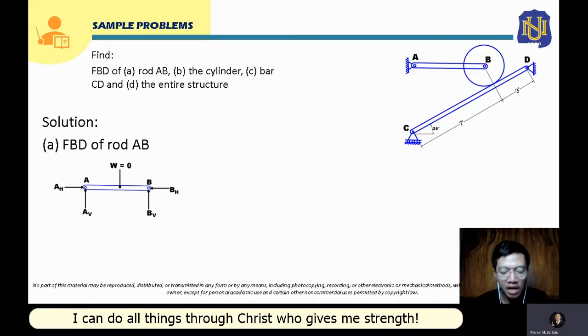In this case, the applied force will be the weight of the rod. But since the problem mentioned that rod AB is weightless, the weight will be 0. Just in case there is a weight for a body, it will be applied at the center of gravity of the rod, so at the center of rod AB.